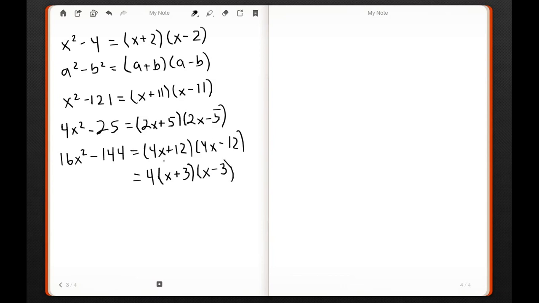The reason the 4 factors out of both expressions at once is because in this final answer, the 4 is actually being multiplied by both of these. In other words, if we were to multiply these back together first, the 4 would multiply by the whole thing. So you could factor the 4 out, and it comes out of both of these expressions.